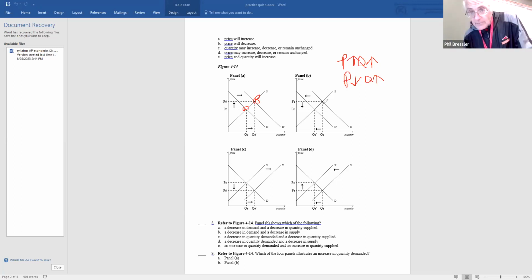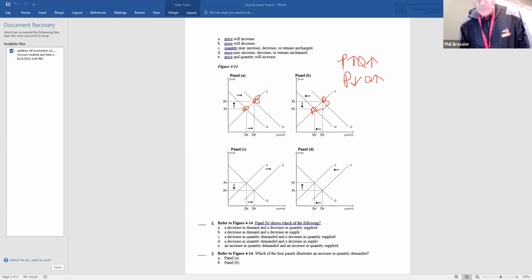The B graph, I have a decrease in demand. How do I know? The arrow's going to the left. This should actually be like D or D1, but not a good job labeling it there. Okay. And then I go here down the supply curve from B to A. So I have a decrease in demand at B and a decrease in quantity supplied.